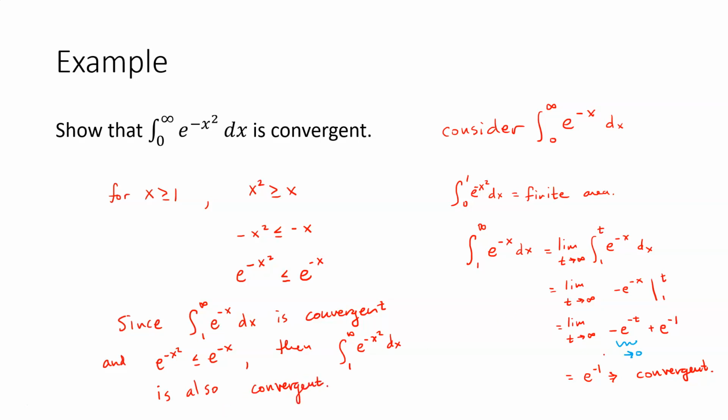Now we've just shown it's convergent, but what does this integral actually converge to? That would be another question. Perhaps we would have to consider something a little bit trickier there in order to actually get the value of that integral. But here we know at least that that value exists.